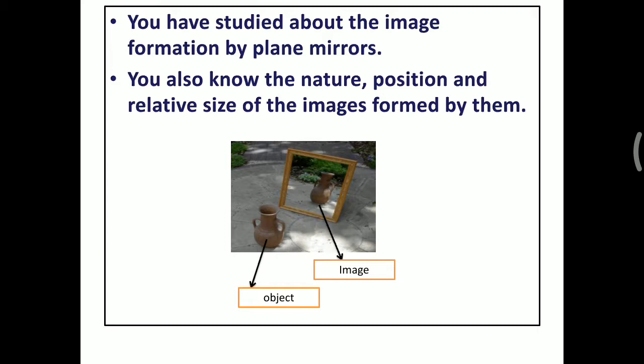The image is formed in the plane mirror. You know the nature, position and relative size of the image. The nature is it is virtual and erect. The position of the image is behind the mirror and the size of the image is equal to the size of the object. So we know the image formation by the plane mirror.